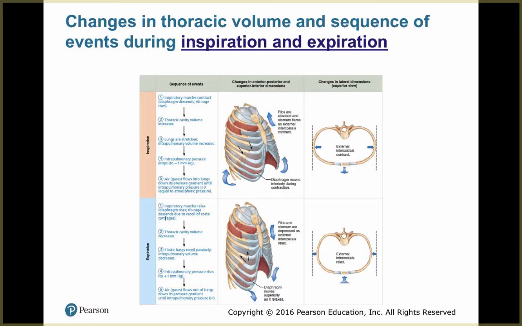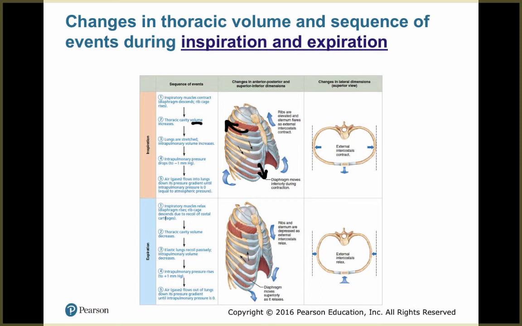Just to reiterate the whole process, when you go to breathe in, remember your inspiratory muscles: the diaphragm contracts and comes down. The rib cage rises up and goes out, which increases the volume.